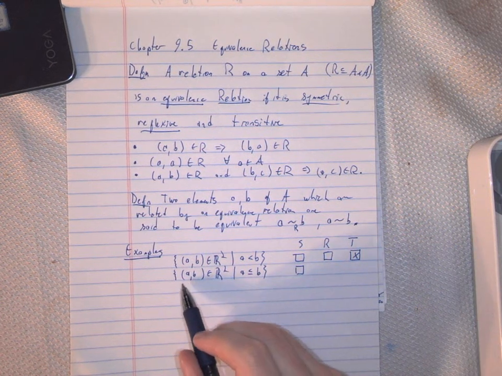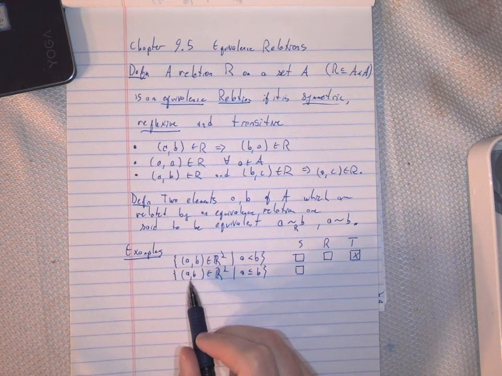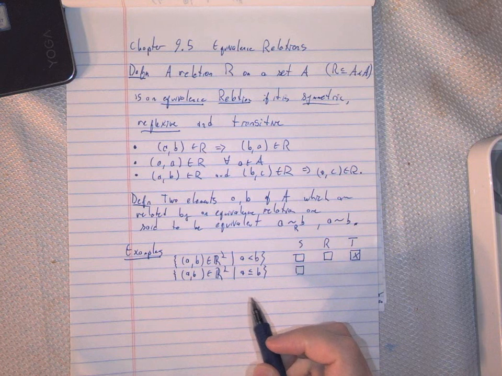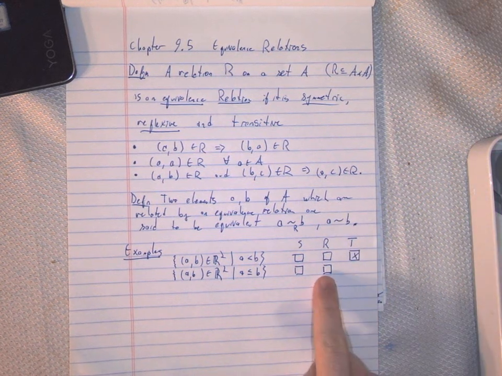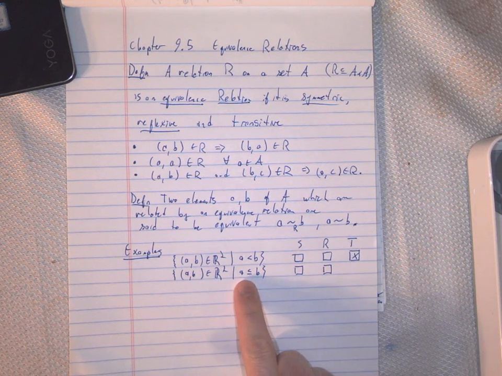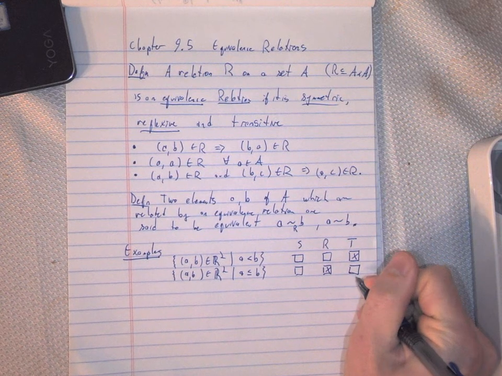For instance, (1, 2) is in here, but (2, 1) is not in here because 2 is not less than or equal to 1. But it is reflexive because every number is less than or equal to itself, right? Pick any real number, like pi. Is pi less than or equal to pi? Yeah. So this one is reflexive, and it's transitive for the same reason.